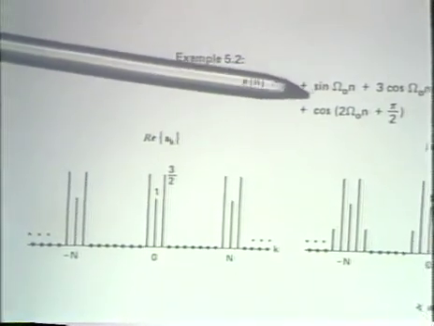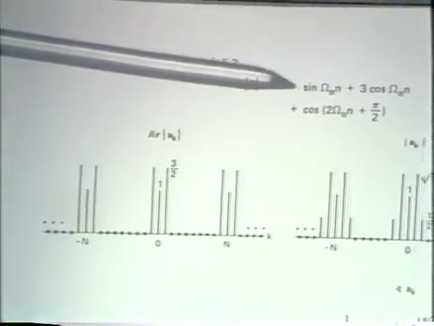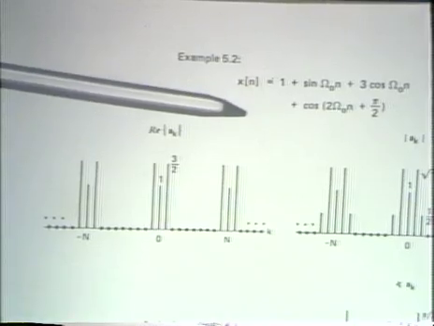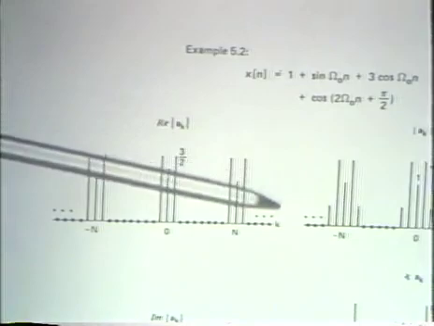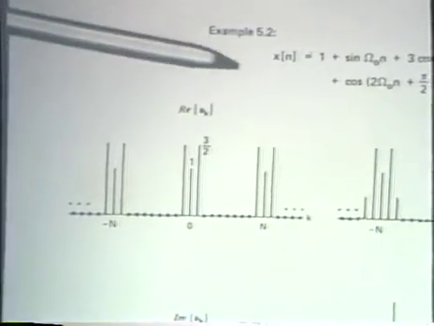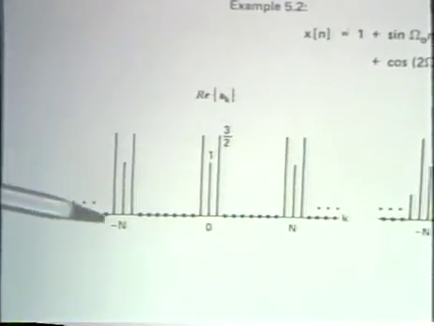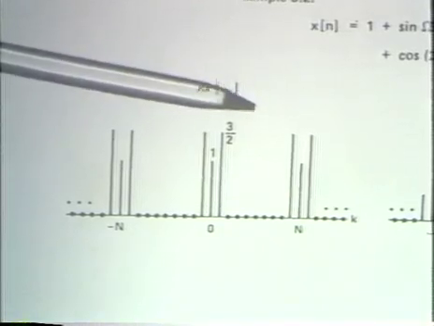And if we look at the Fourier series coefficients, we can either look at it in terms of real and imaginary parts or magnitude and angle. On the left side here, I have the real part of the Fourier coefficients.